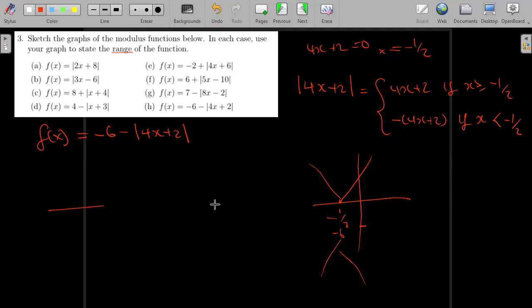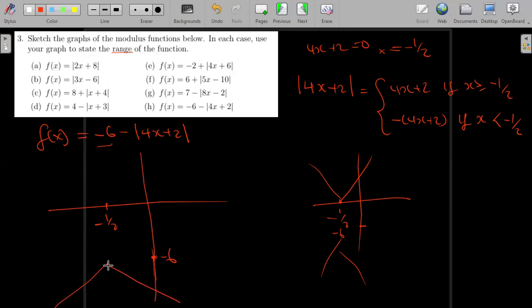Let's say that is our negative half. Then we have our shift, negative 6 units, because there's negative 6 in front here, and there's a negative sign in front. It would mean I always get a negative value, and it would be like that and like that. So this is how this one is going to look.